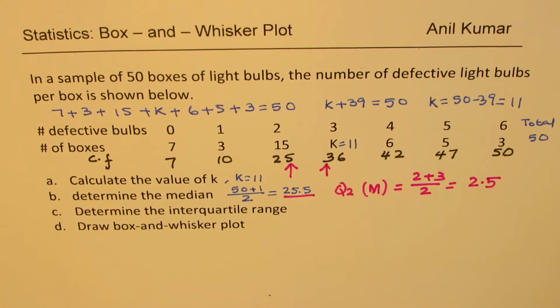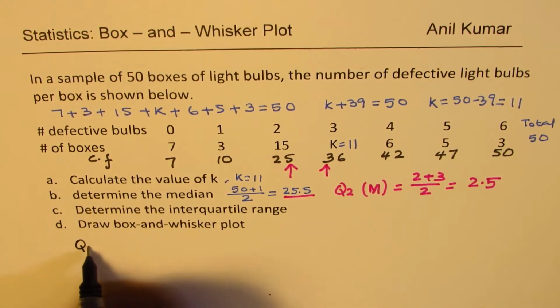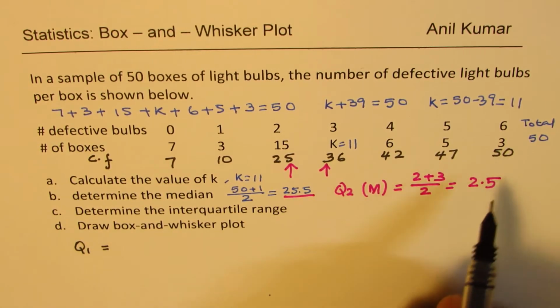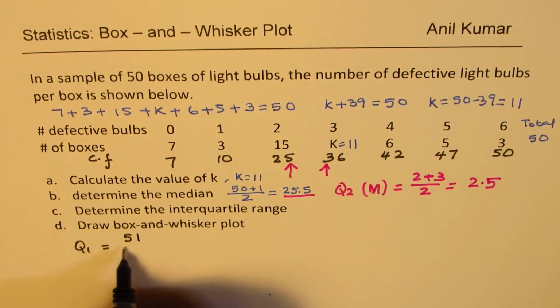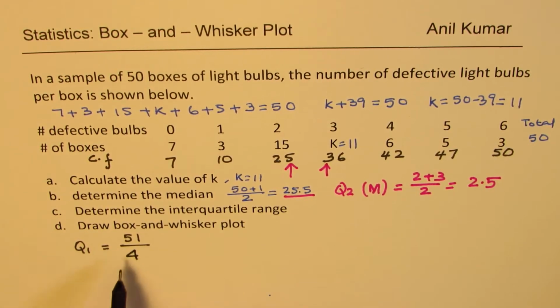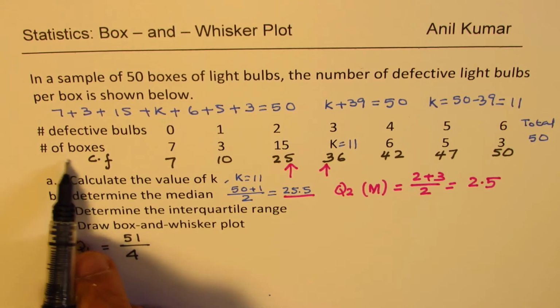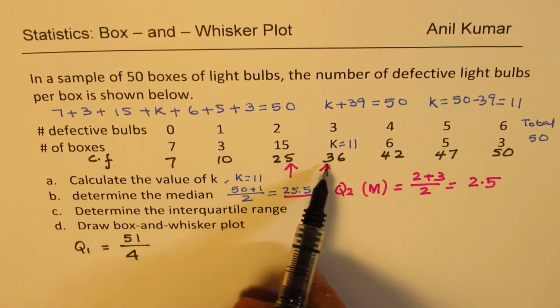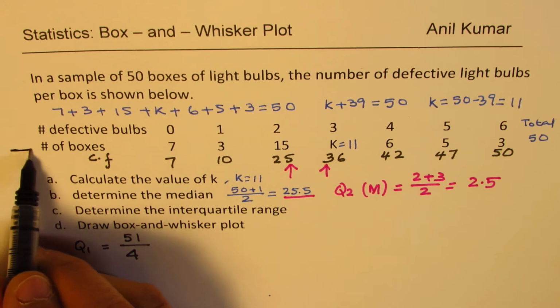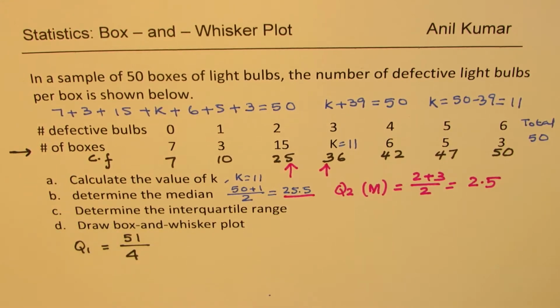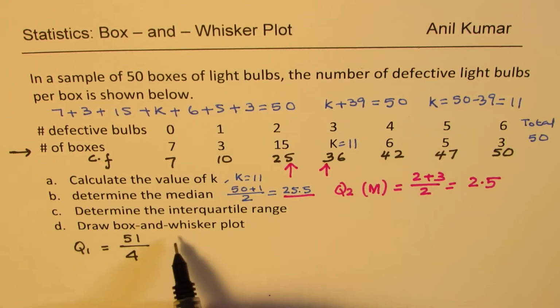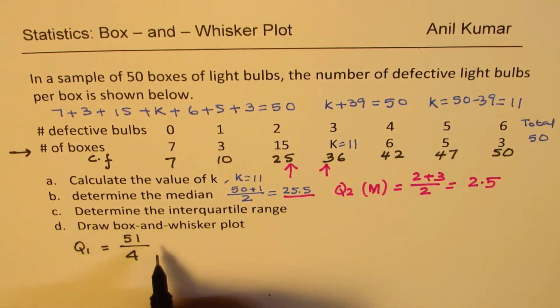Now, let us look into the interquartile range. So for the interquartile range we will find Q1. Q1 will be 51 divided by 4, right? Quarter. So that is the position, right? So we'll see in which box we are going. So we are looking into the number of boxes, and then we'll find how many are defective in that. So that is basically half of 25.5.